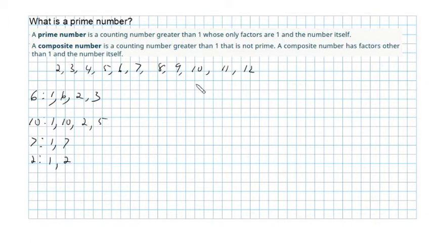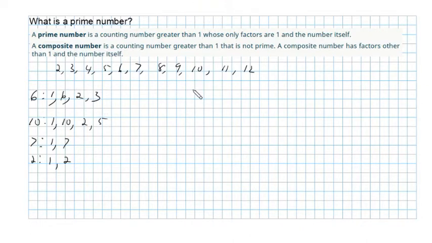So some numbers have only 2 factors, the number 1 and itself, and other numbers have more than 2 factors. Those, like 6 and 10, are called composite numbers, and the ones that only have 2 factors, 1 and itself, are referred to as prime numbers.